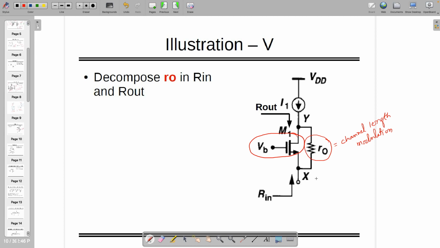Okay, but how do you find GM or not? So maybe I'm not giving those answers. Vy by Vx you can find out, and you can keep it here. Let's call that one A, and tell me what will be the value of resistance. One is going here, one is going here. Let's call this one RO out, and this one RO in.